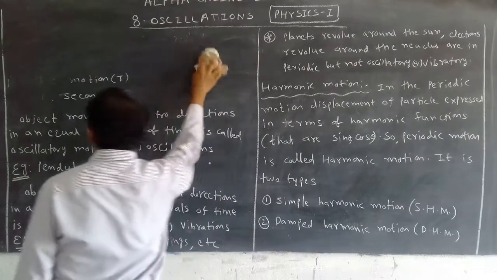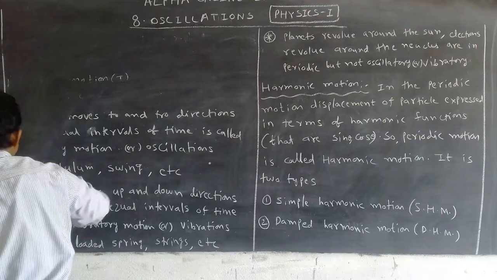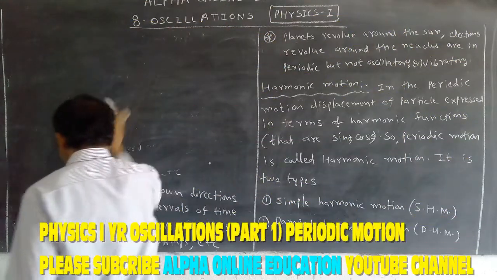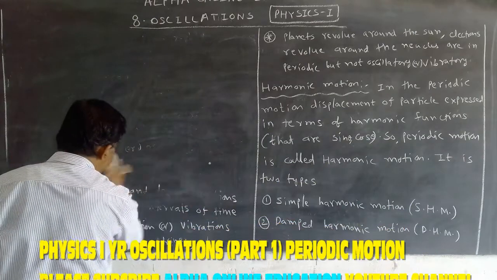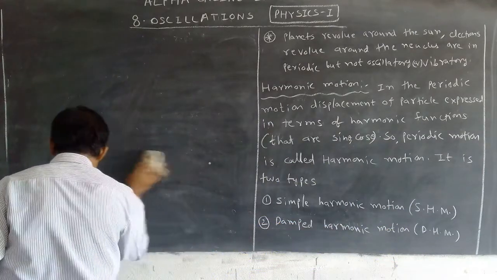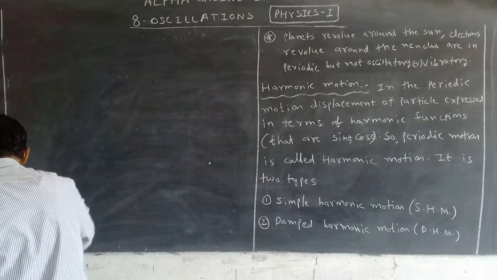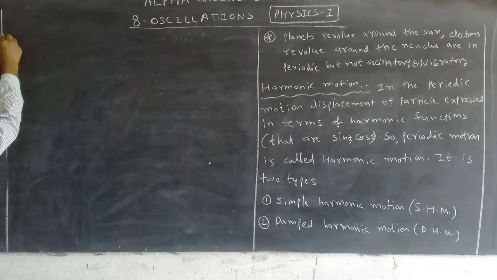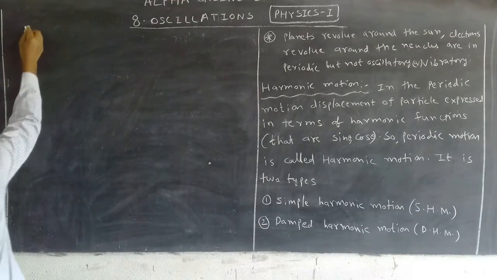Now, what is the meaning of simple harmonic motion? We know that in the harmonic motion, displacement of the particle is expressed in terms of sine and cos. That's why periodic motion is called harmonic motion. Let us take the example of the pendulum.